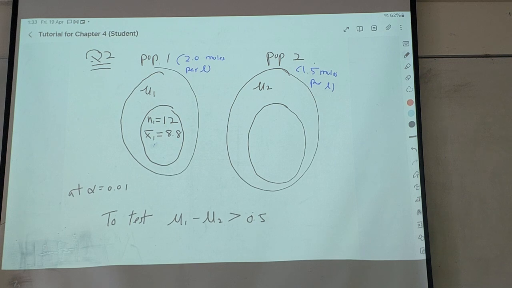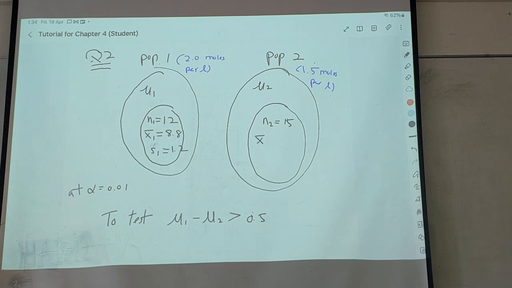Because too many information already. What else? We have standard deviation. We have S1, which is equal to 1.2, the sample standard deviation. For N2, it is equal to 50.